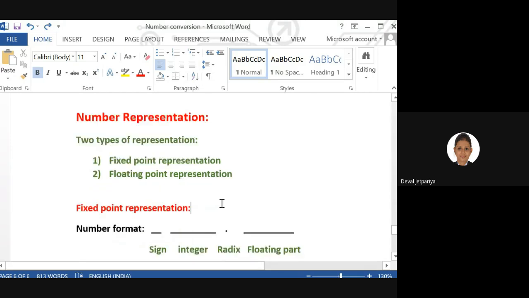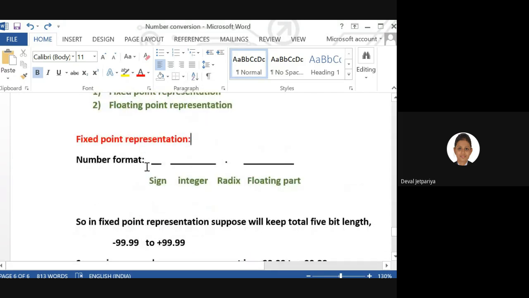For example, as we all know, this is our number representation in fixed point. The first bit represents the sign bit in case of sign magnitude. Before the radix, whatever part is there is called the integer, and after the radix, whatever part is there is called the fractional part.